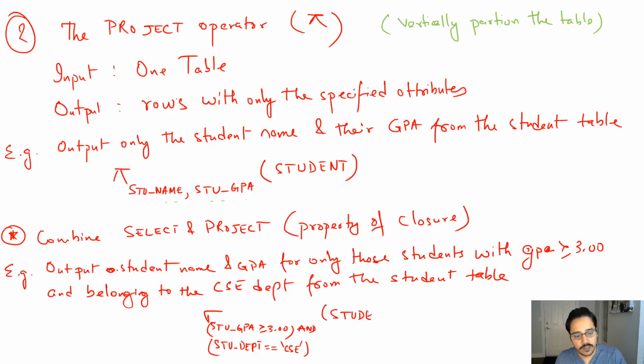So this will restrict or horizontally partition the student table and select only those rows which satisfy this condition. Now on top of this, we can apply our project operation and say that from this temporary result, only output the student name, comma, student GPA, and disregard the remaining attributes that are there.